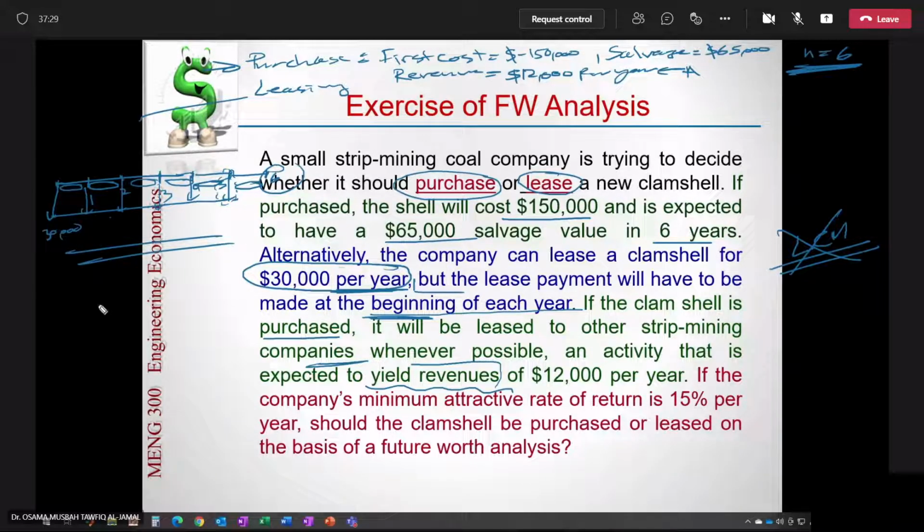The cash flow diagram for the second one, for the lease, is the straightforward one, i.e. to have it from year 1 up to year 6. The first payment is in here, last payment in year 5.